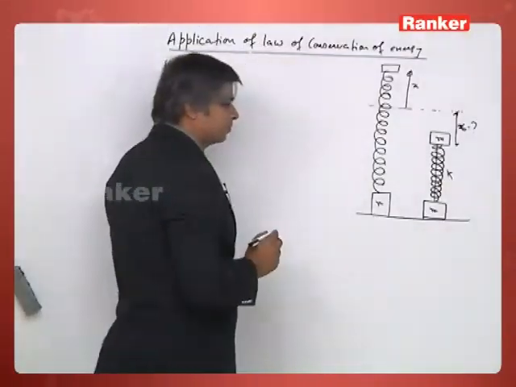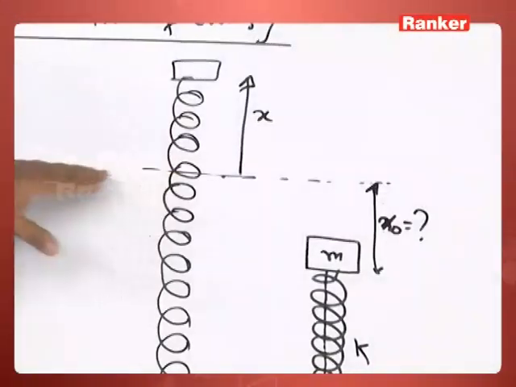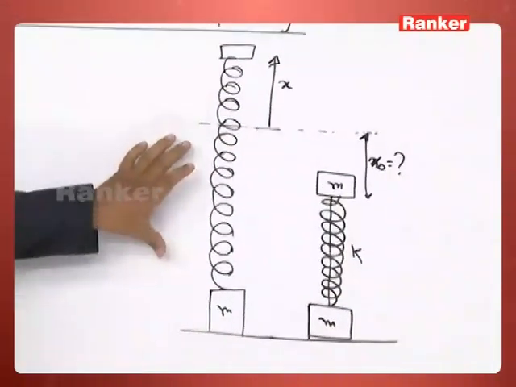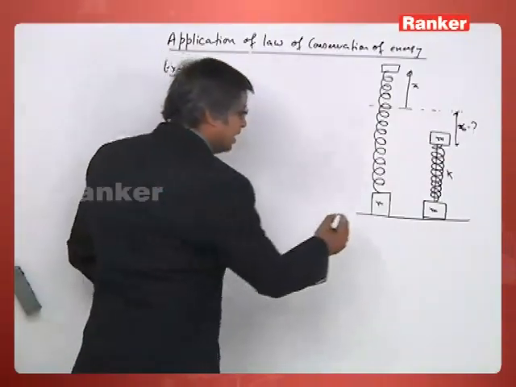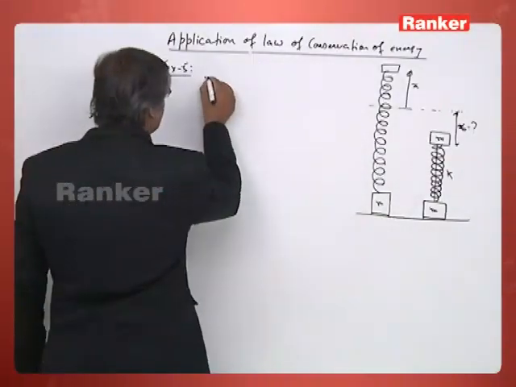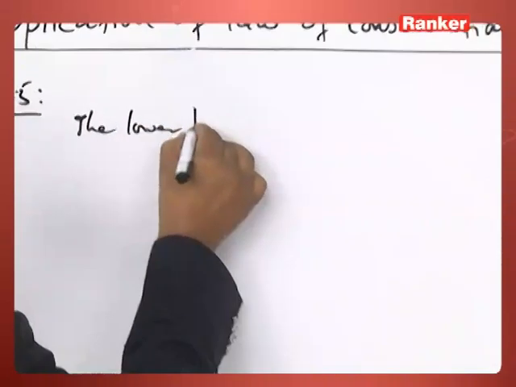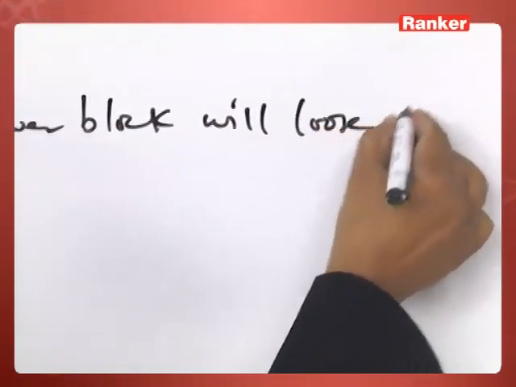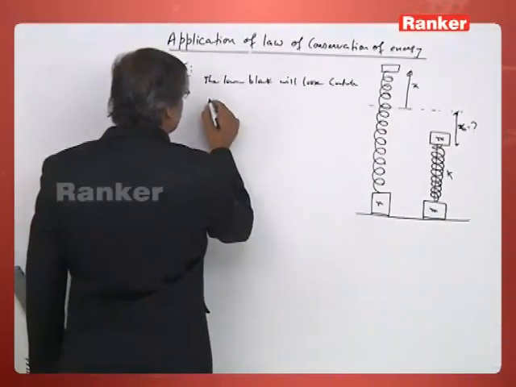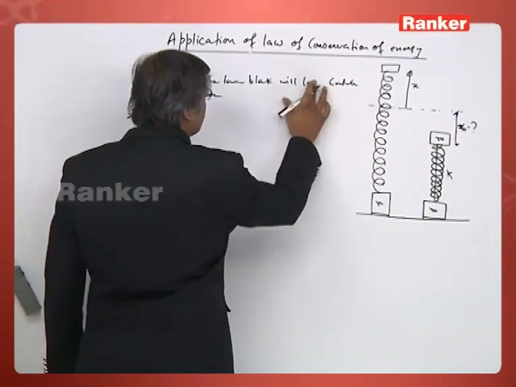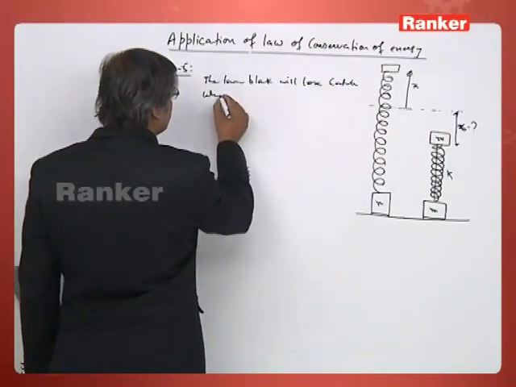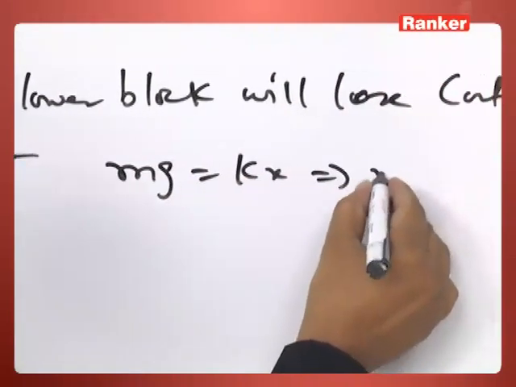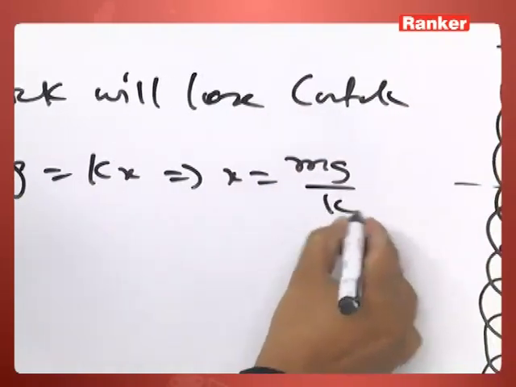So this is x. Now when this is the natural position of the spring, when it goes x, that means this time it is elongated by x, and the lower block will lose contact when mg is equal to kx, which implies x is equal to mg by k.